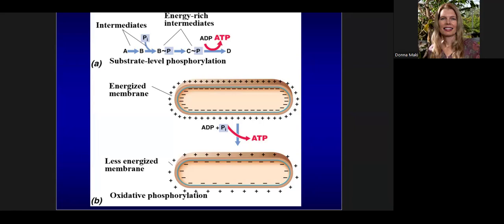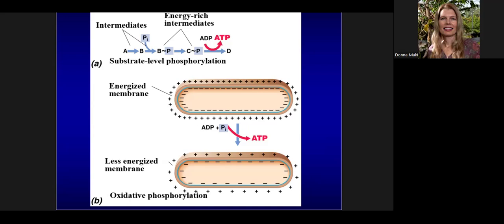When they draw it like this, what they're trying to suggest is that you have this electron transport process going in the cell membrane of the microbe, and that allows for proton pumping. So you get a lot of protons on the outside of the cell, fewer inside, and then you get that proton gradient established, which then leads to ATP. So when they draw it like this with a lot of plus, plus, plus outside, they mean, yep, nice proton gradient is getting established.